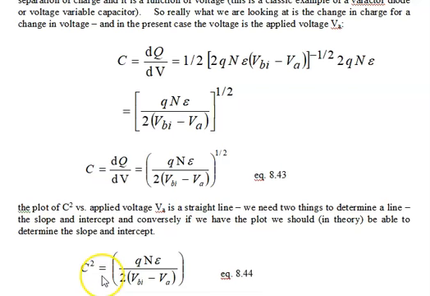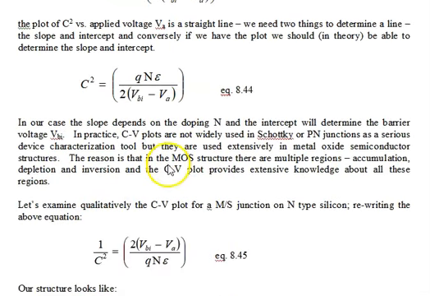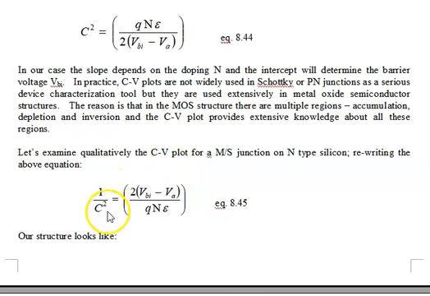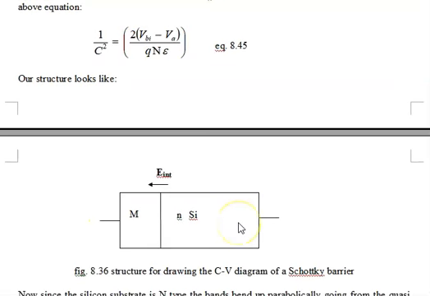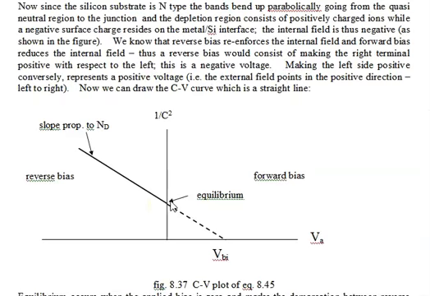So it is convenient then to flip both sides to get the independent variable on top, which I do here. So I'm going to be plotting 1 over C squared as a function of VA, and this is what the structure looks like, and the plot is called a CV plot, capacitance voltage plot.